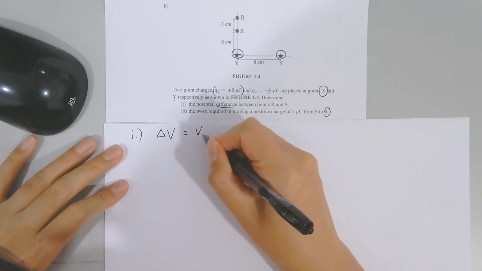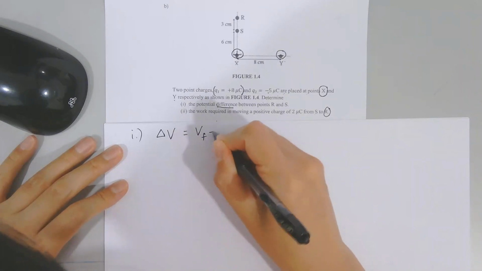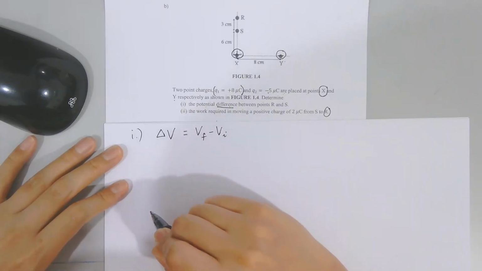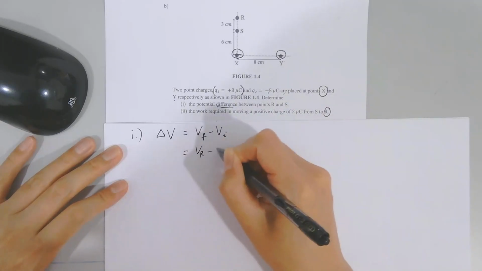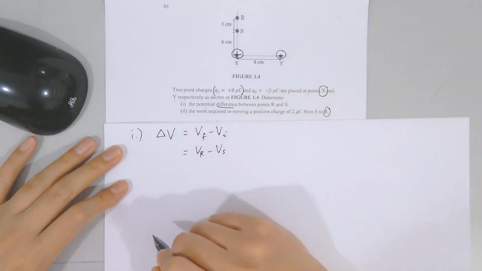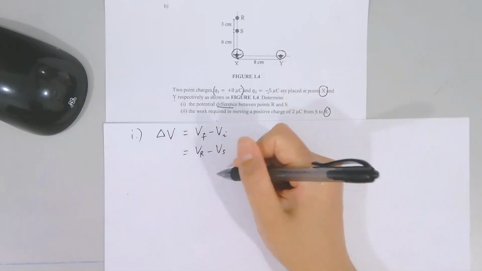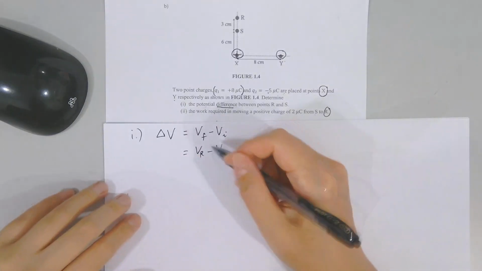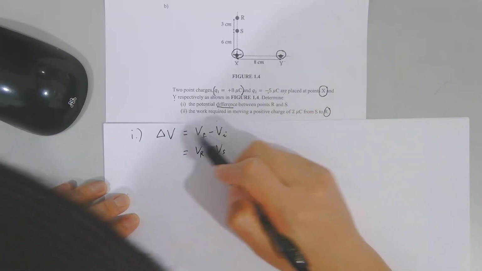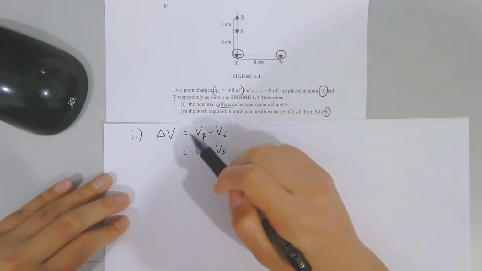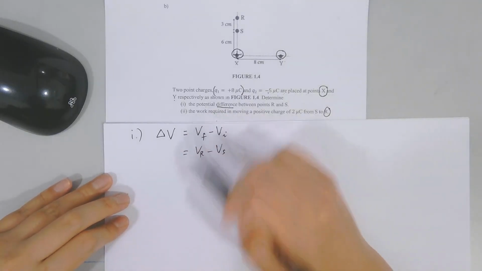So for this one we always use V final minus V initial. So V final means point R minus Vs. So we find this one, so that it is easier for us to use the value for the delta V here to apply in Roman 2.